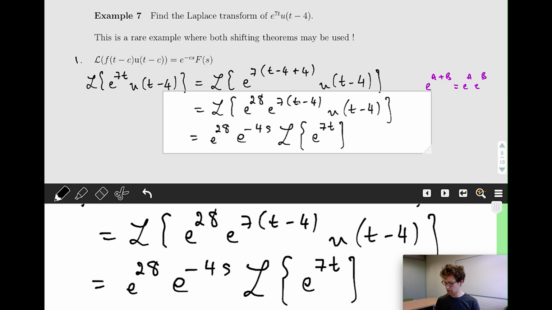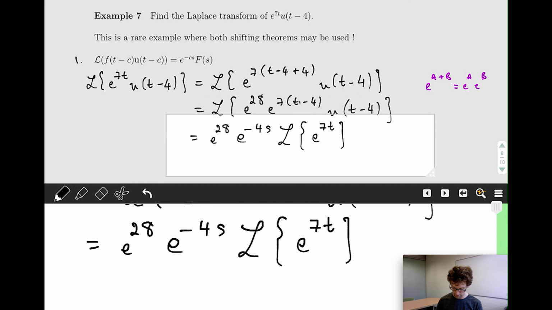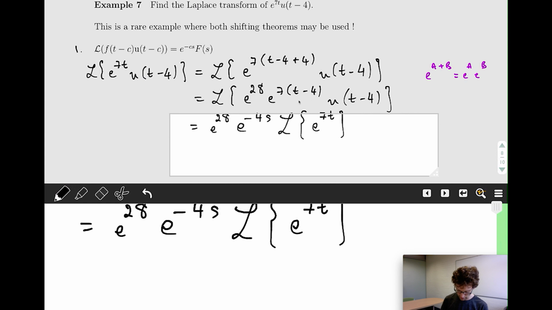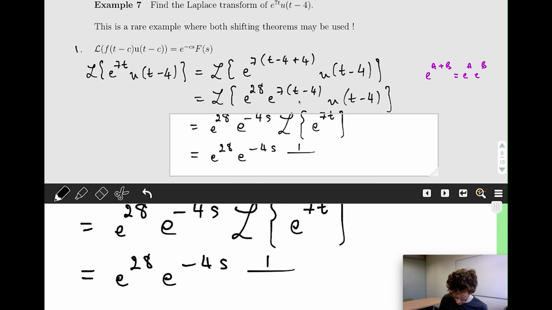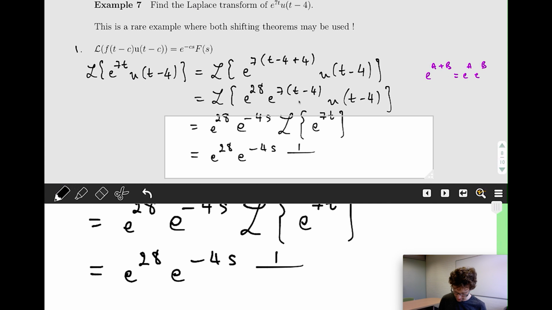So I need the Laplace transform of e to the 7t. It's going to be given by 1 over s minus 7.